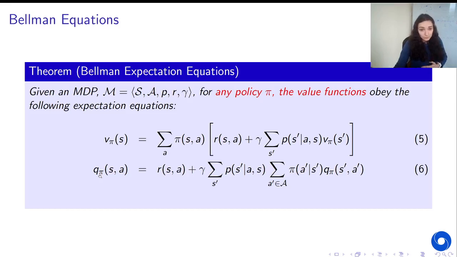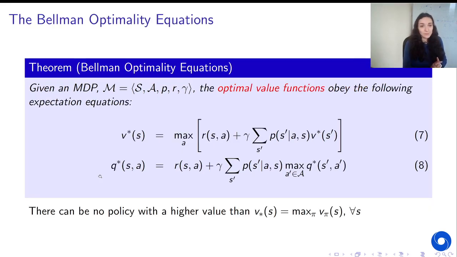Now, we also have another set of equations, which are Bellman optimality equations, which describe the optimal value functions. So we can say that the optimal value functions satisfy this equation.